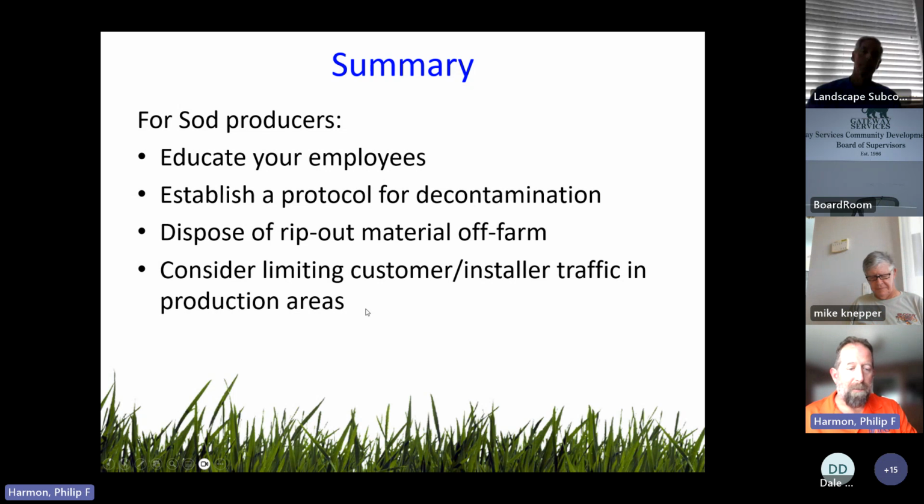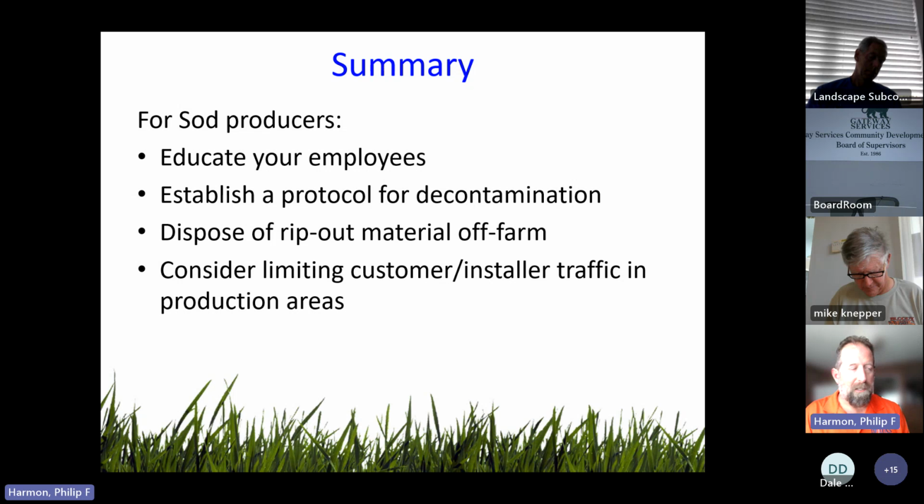And this has worked. This is the case where we have not found any sod source as a source of the Sugarcane Mosaic virus. We've not found this virus on any sod farm. And we've been in contact with sod producers. We've surveyed everywhere that they'll allow us to, and we haven't found that to be the case.